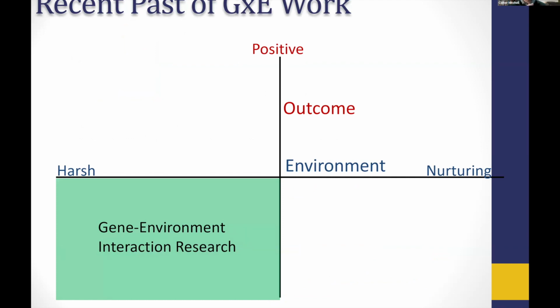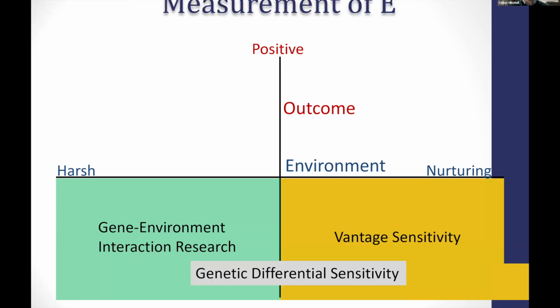And as you learn more about gene environment interactions, you'll learn there are several different models of testing this. The diathesis stress model is the most common one, because it really only focuses on negative environments or harsh environments and negative outcomes. But there are several other ones to think about related to nurturing environments.